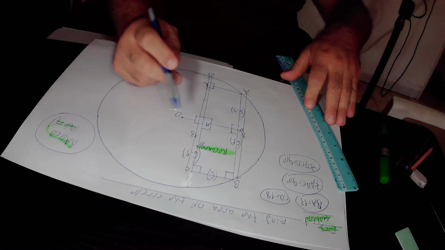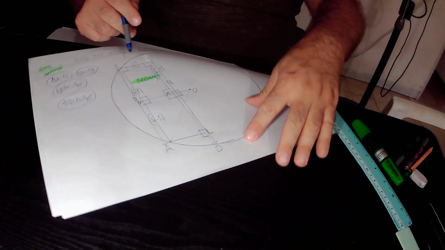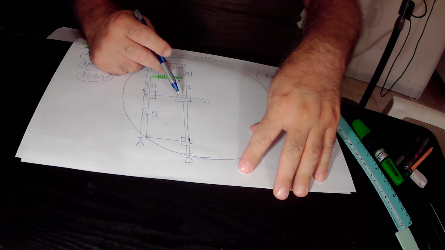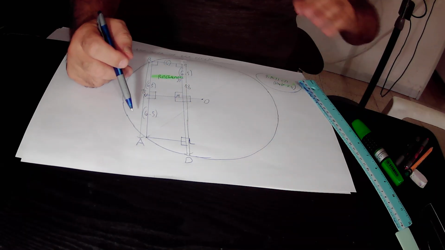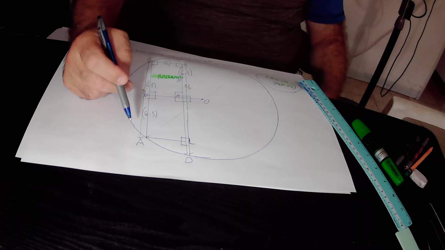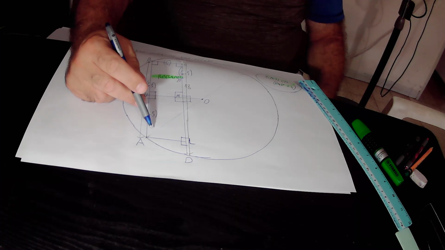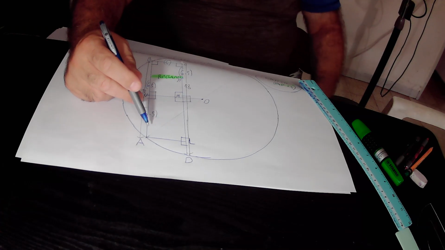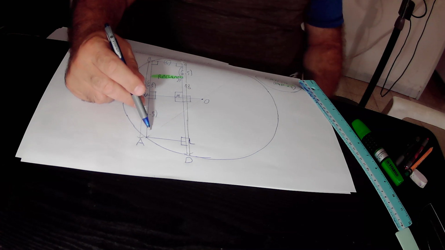So inside quadrilateral MNLA, we have 1, 2, 3 right angles. The sum of 3 right angles is 270 degrees. So 270 degrees plus the size of this fourth missing angle, in total they must be equal to 360 degrees, according to the rule that the sum of the angles in any quadrilateral is equal to 360 degrees.